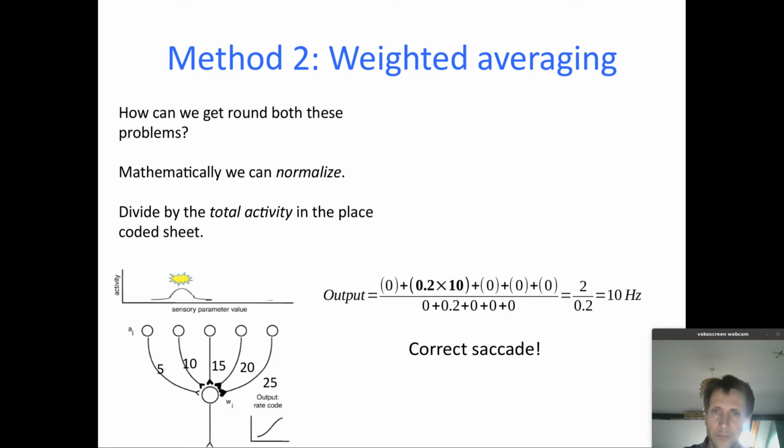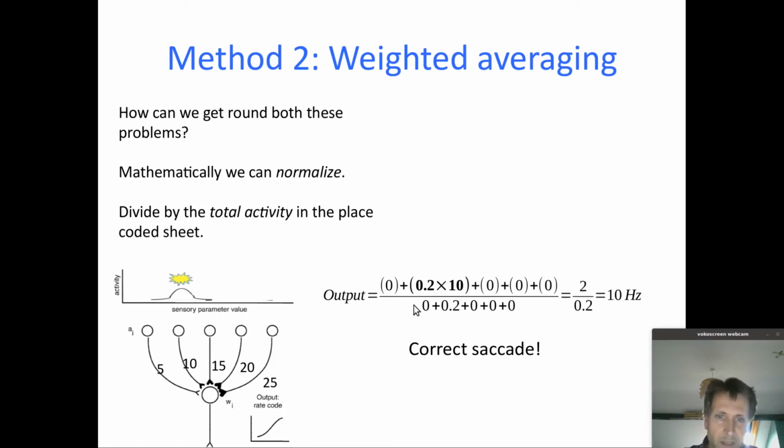Now we go back to a single stimulus at 10 degrees, but this time the stimulus has an intensity of 0.2, so it's a dim stimulus. Our output is 0.2 times the 10, which gives us a total of 2 on the top of the equation.